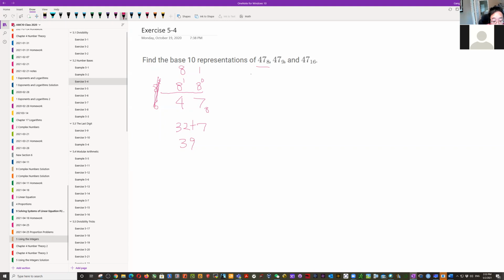And then we have 47 base 9. You cannot call it 47. 40 means 4 of the 10. It's just 47 base 9, or you can say 47 sub 9. It's a different base, so it's a different calling.